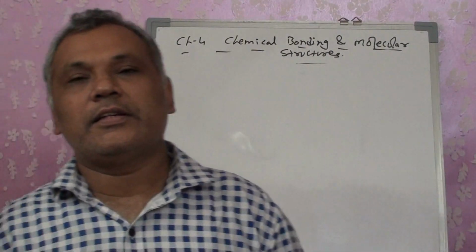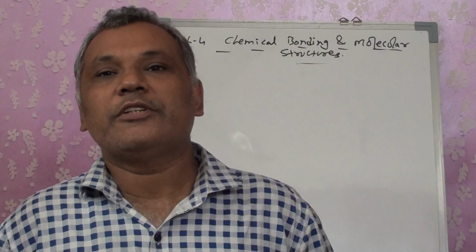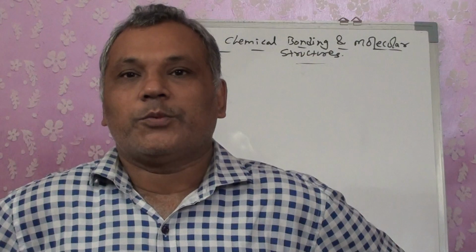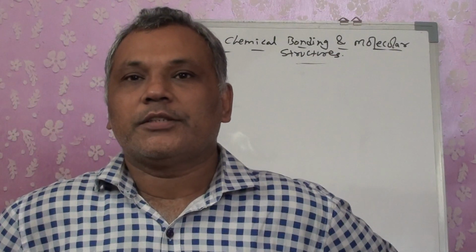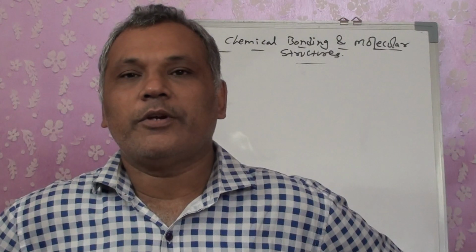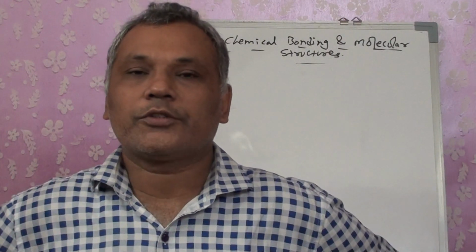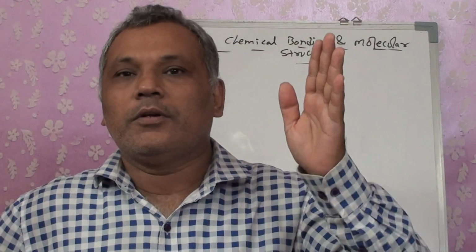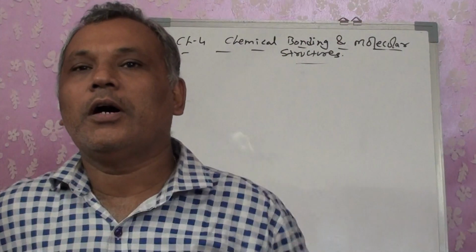We have another factor to study, which is formal charge. But before I explain formal charges, let's first study certain parameters and ionic bond. First of all, we studied covalent bond, a part of it. Now we will go for ionic bond.